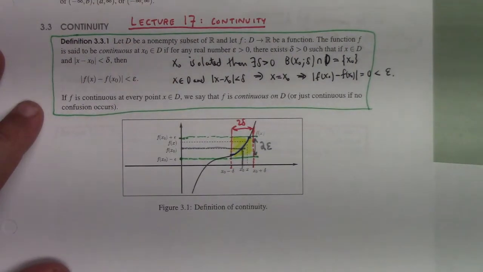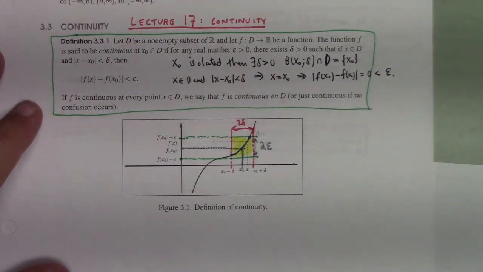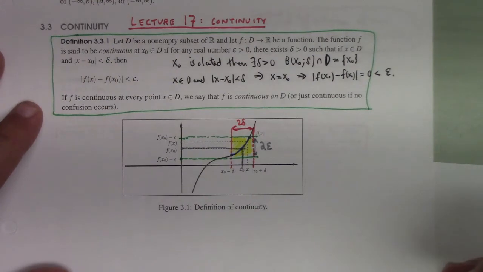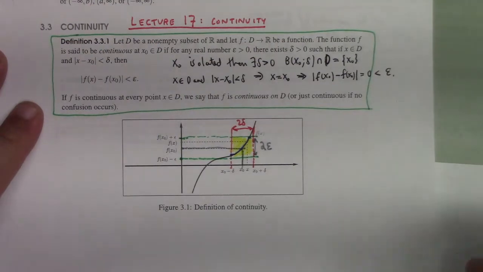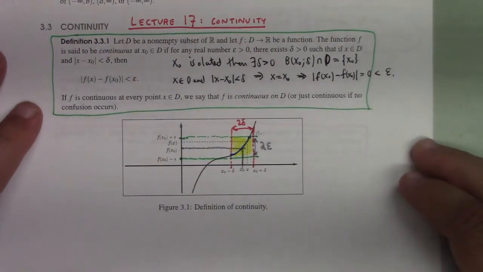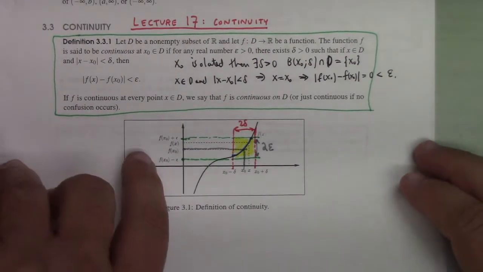So if you had a function whose domain was such that every point was isolated, for example, a function with a discrete domain, like a sequence, then in this definition, sequences are continuous with respect to our notion of continuity. And so there you go. It's not a bad thing. It's just what happens.